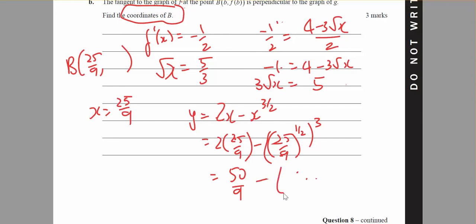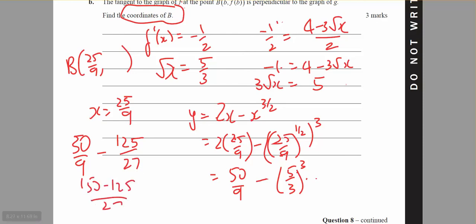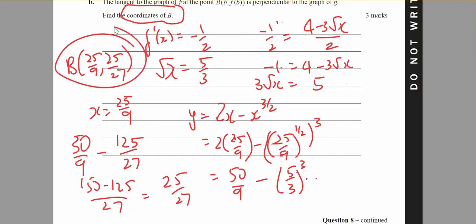So that's going to be 5 on 3 cubed. So 50 on 9 minus 125 on 27 times up by 3, 150 minus 125 on 27 gives me 25 on 27. Okay, so that's part B. That's the coordinate of B.